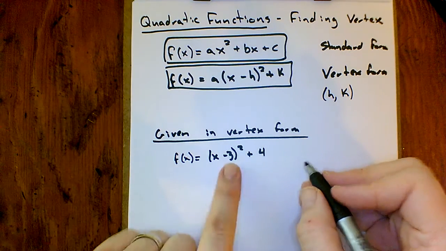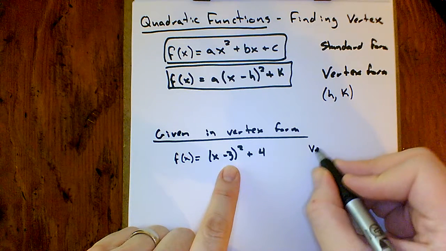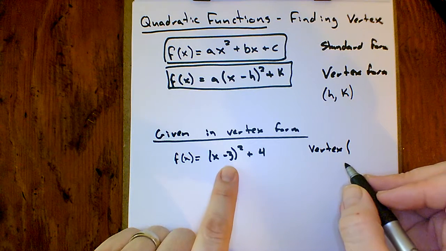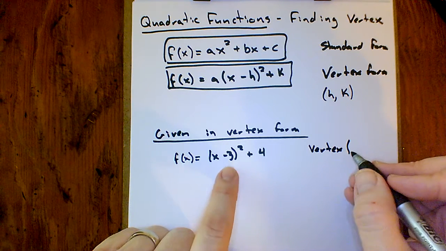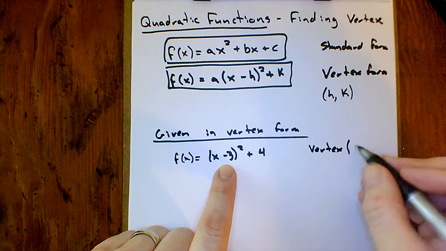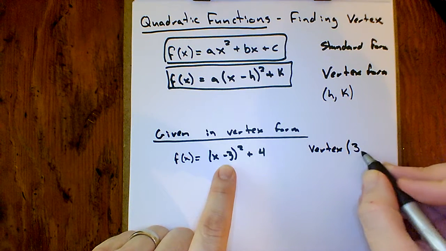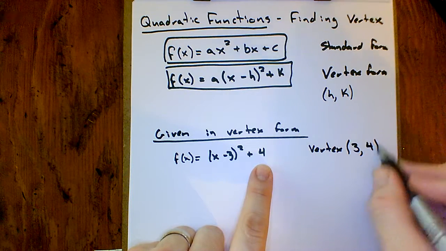One of the things that we're going to do is we can read right off of here what our vertex is. So we take this first value inside the set of parentheses, and we're just going to flip the sign on it. This is a minus 3, so I know that my x value for my vertex is going to be a positive 3. I'm going to keep the sign of this one, so my y value here is just going to be a positive 4.